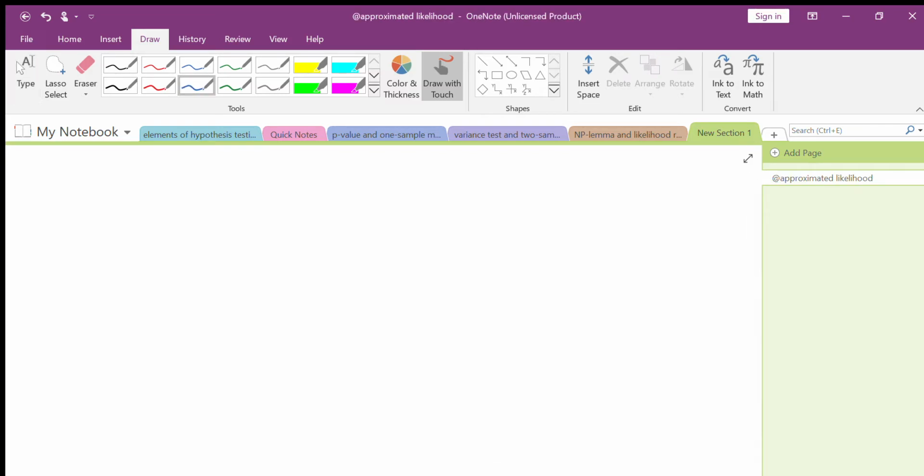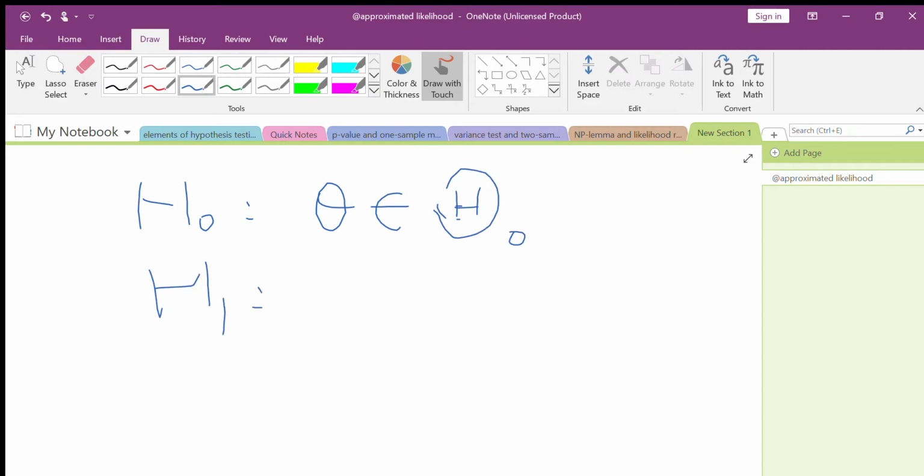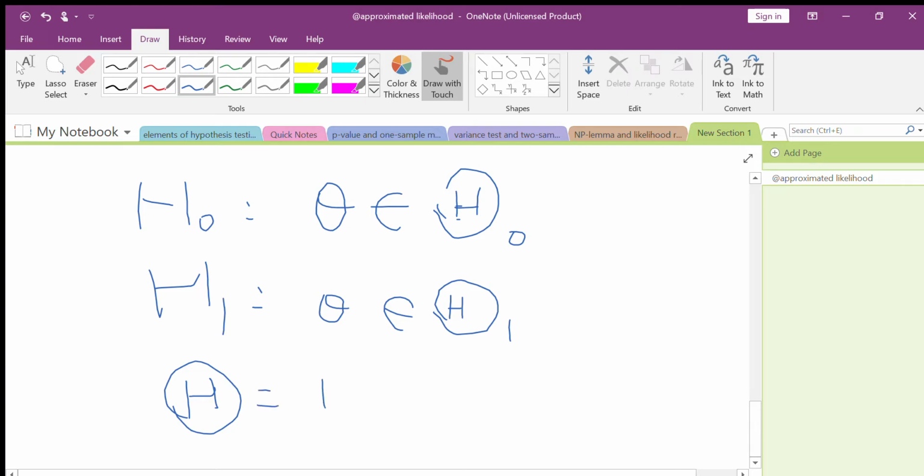So to perform likelihood ratio test statistic, we need to rewrite the hypothesis in the perspective of parameter space. So we need to first write in this way, and then we get the whole parameter space being the union of the null parameter space and alternative parameter space.